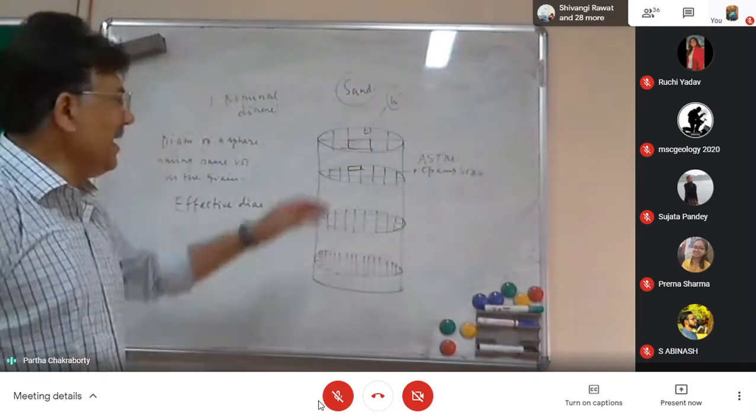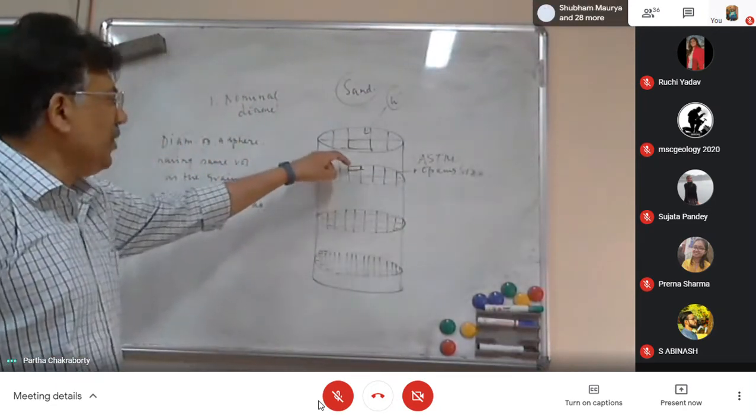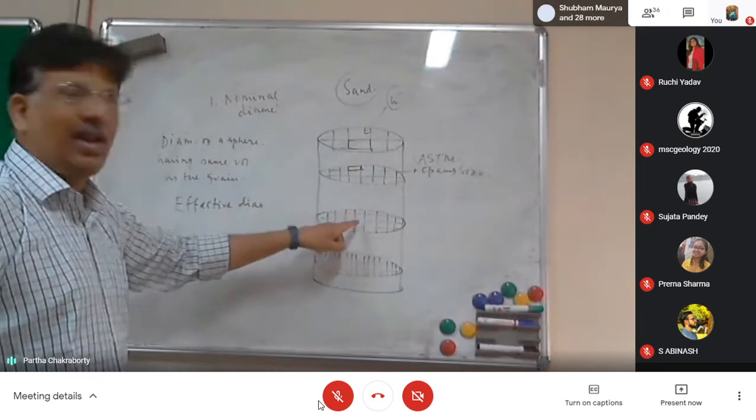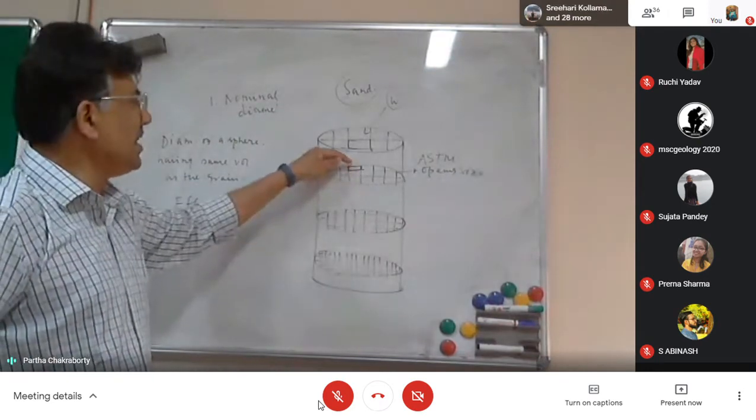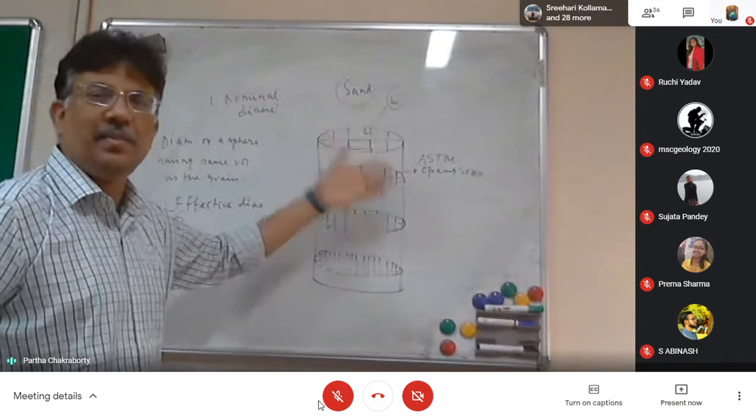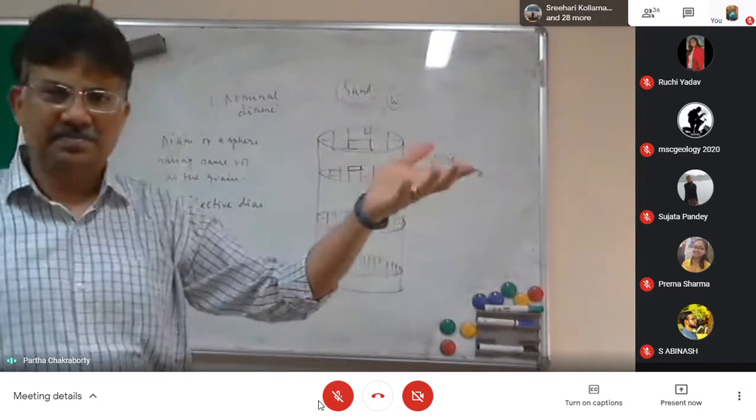That means any grain smaller than this size will pass through and go to the lower sieve, and any grain larger than the opening will remain in the overlying sieve.